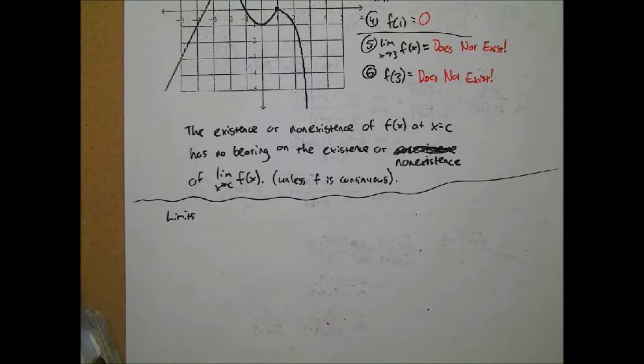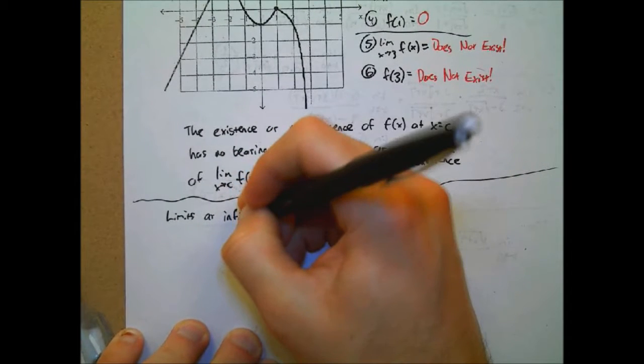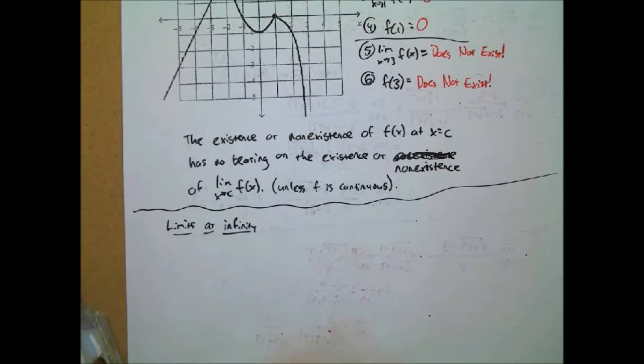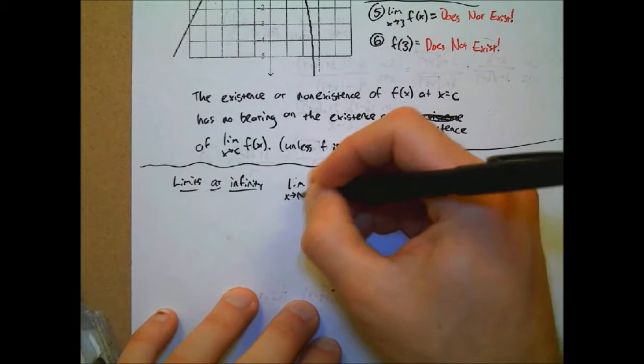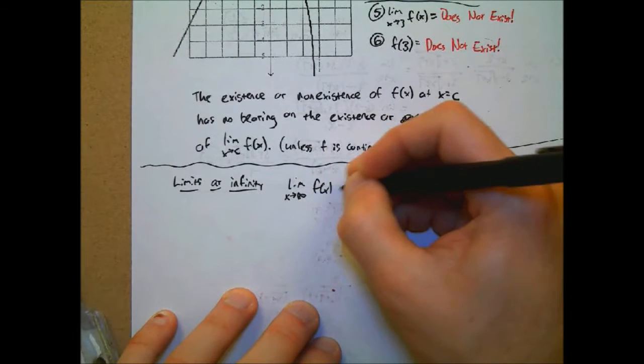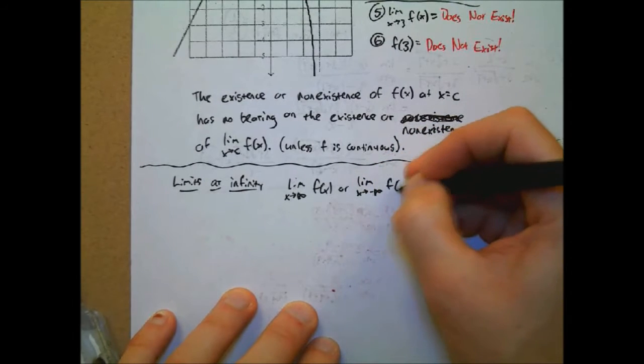Okay, so the last thing we're going to look at here are limits at infinity. In other words, the limit as x approaches positive infinity of f of x, or the limit as x approaches negative infinity of f of x.